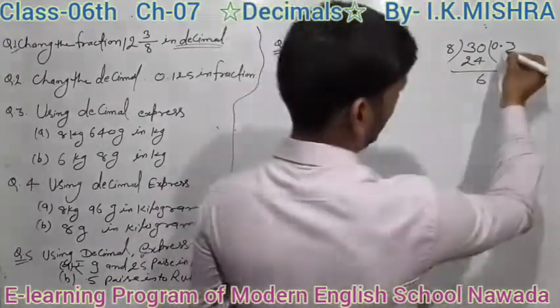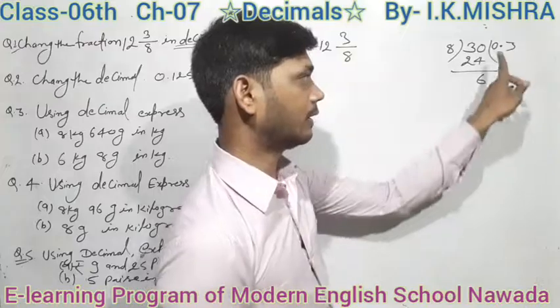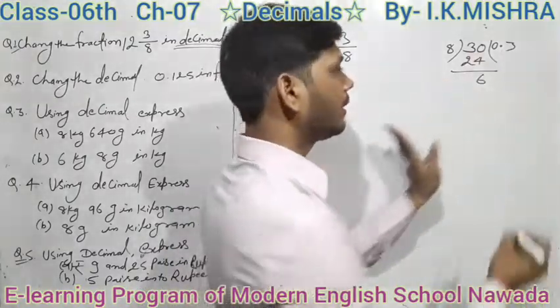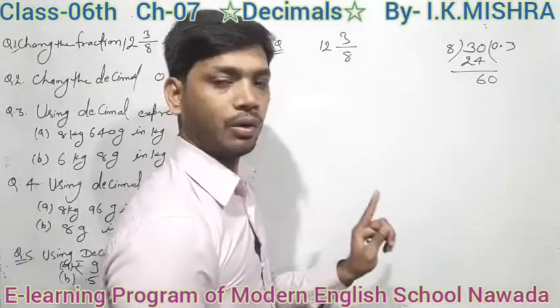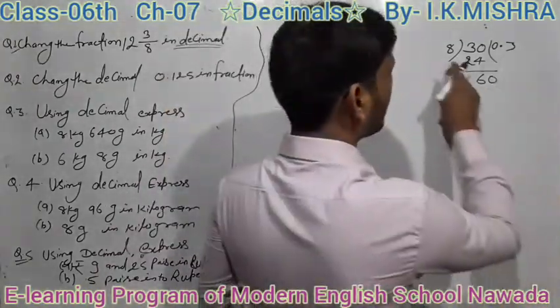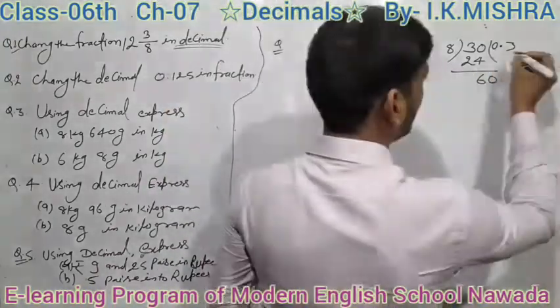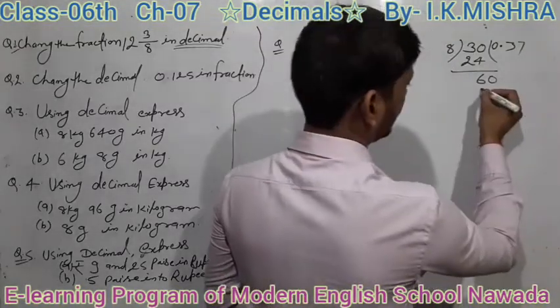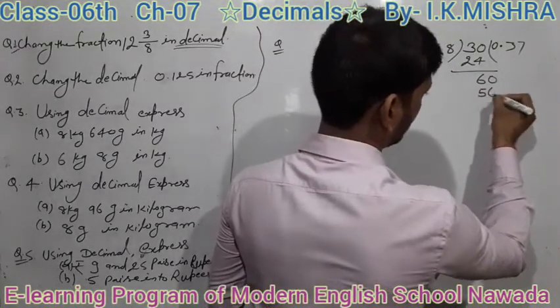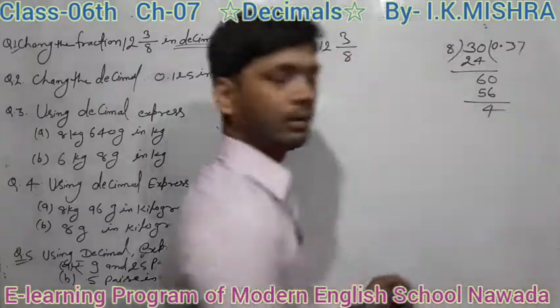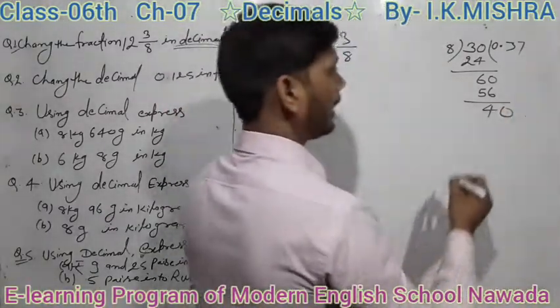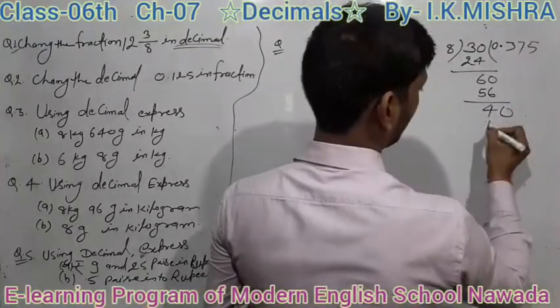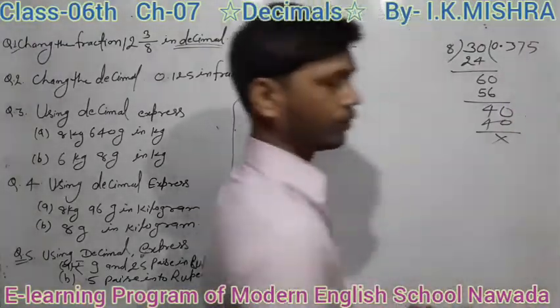When the point is given, then you can write a 0 here. 30, and divide it by 8, 3 times 8 is 24, remainder 6. Now again write a 0, 60 divided by 8, 7 times 56, remainder equal to 4. Now again write a 0 and divide 40 by 8, 5 times 40 and remainder 0.